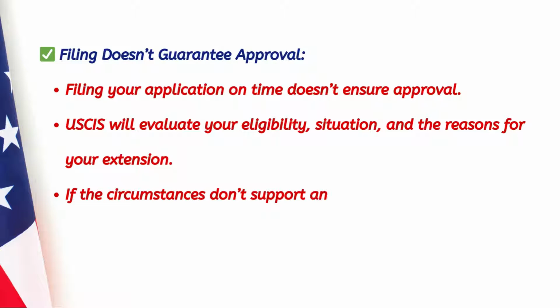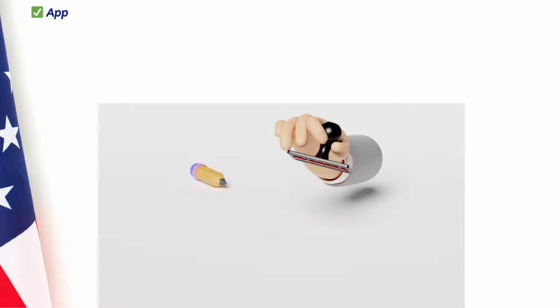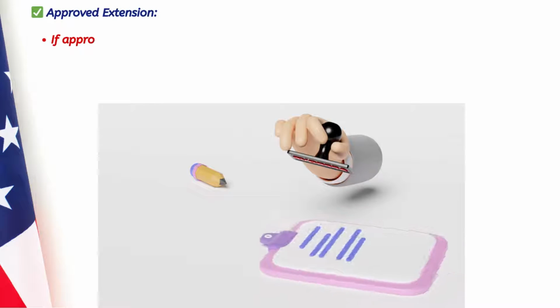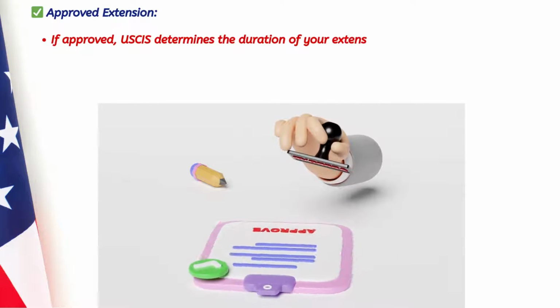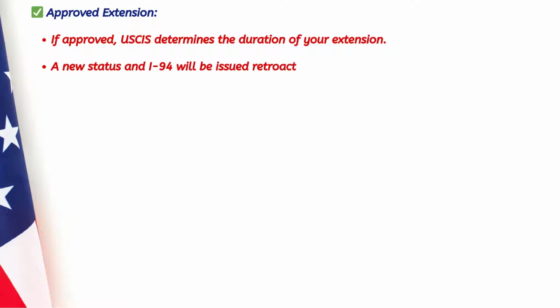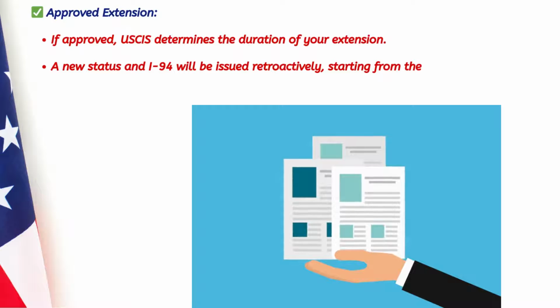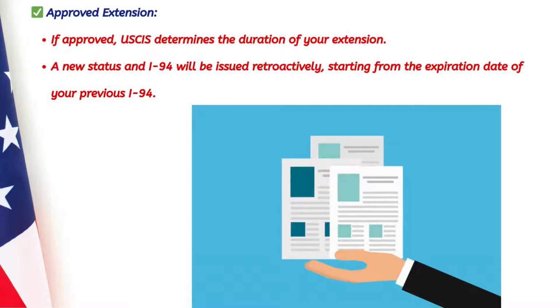If USCIS feels that the circumstances don't support an extension, your application will be denied. However, if USCIS approves your request for extension, then they will determine the duration of the extension and retroactively issue a new status and I-94 starting from the expiration date of your previous I-94.